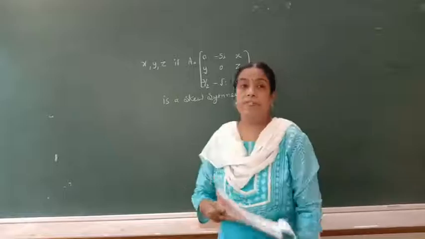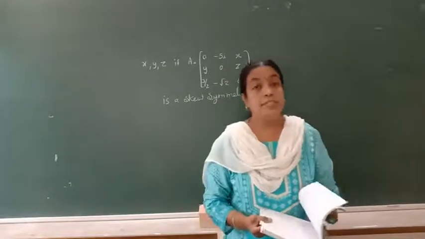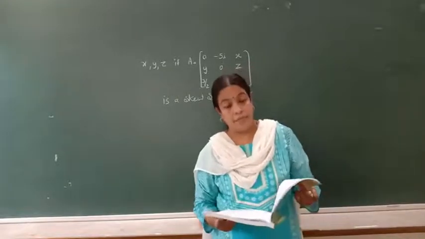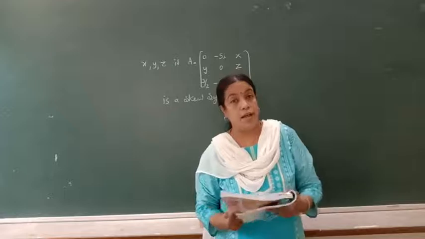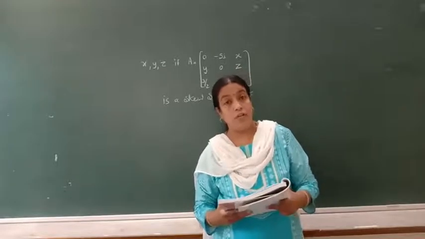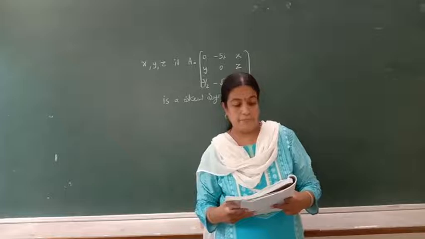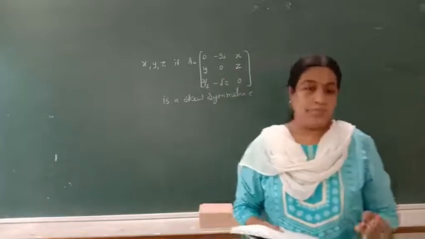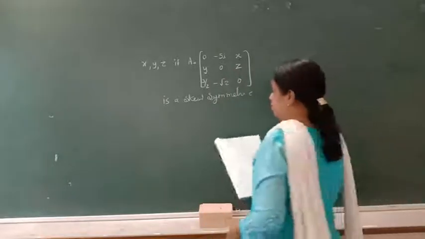The previous matrix was symmetric. Symmetric means Aij is equal to Aji. Now we will switch to skew symmetric, Aij is equal to minus Aji. Now the same will apply here.